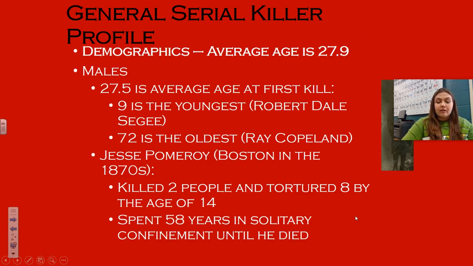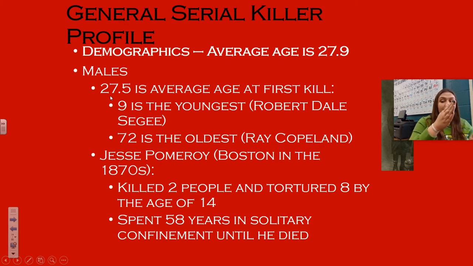For some demographics, again, just averages. Average age is 27, or almost 28, really. For males, 27.5 is the average age at first kill. 9 is the youngest, Robert Dale Segge, and 72 is the oldest. So a lot of times they guess that they're in their later 20s when they become a serial killer, because usually you start getting that kind of mental illness in your teens.